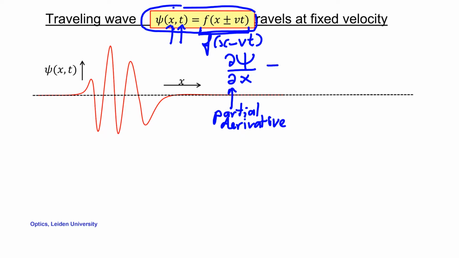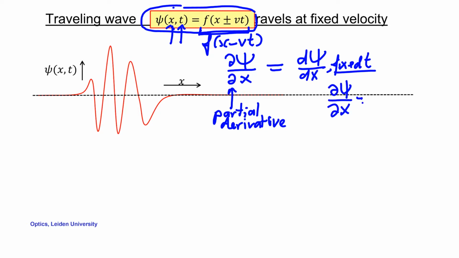And with the partial derivative, we mean the derivative of the function, but then keeping all other variables fixed, so at fixed time.